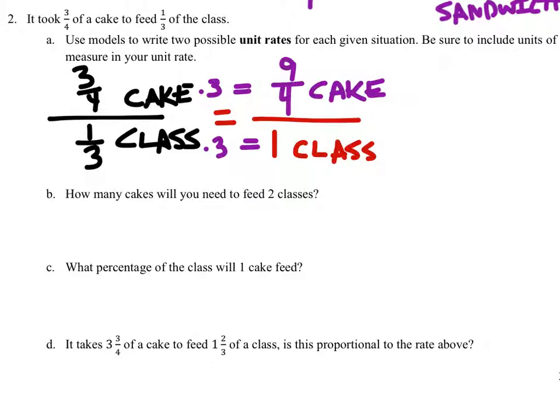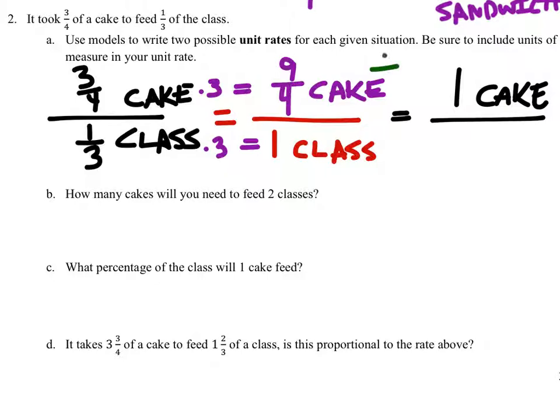Now that's one of the unit rates, right here, but it told us that it wanted a second possible unit rate, which means that we would need 1 cake. So how many or how much of a class could we feed with 1 cake? Well, how do I take 9/4 and make it a 1? You mean a mixed number? Or as a mixed number. Alright, well, here's what I would do.